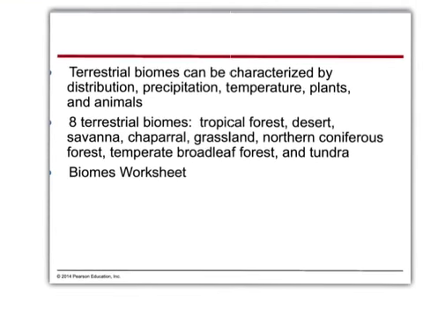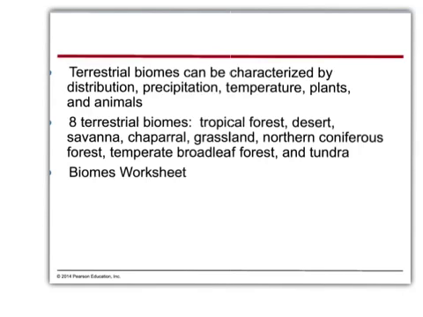And so this is where we end up. Your terrestrial biomes are characterized by distribution, precipitation, temperature, plants, and animals. Those are the five characteristics you have to come up with for your eight terrestrial biomes: tropical rainforest, desert, savanna, chaparral, grassland, northern coniferous forest, temperate broadleaf forest, and tundra.